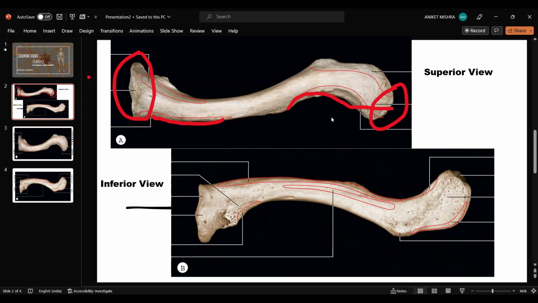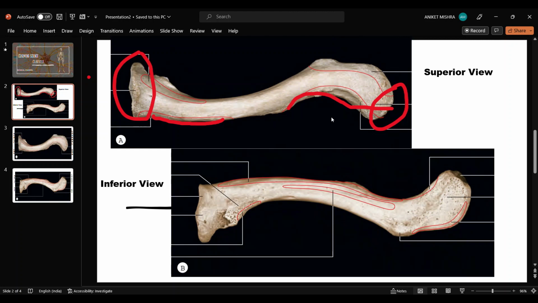The convex forward part is also known as the anticurve in its medial two-thirds, and the concave forward part, the retrocurve, is in the lateral third of the clavicle bone.